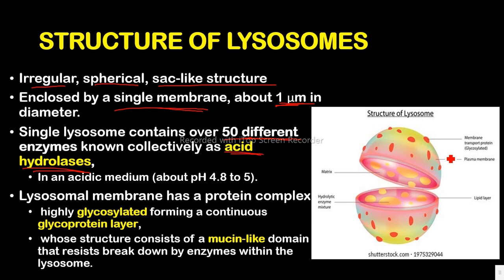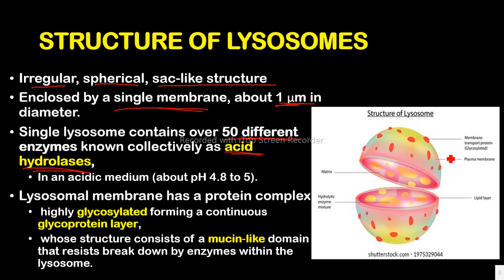For binding with a Golgi apparatus or with an endoplasmic reticulum. It is a receptor-mediated process. So these membranes must have receptors that will attach to the receptors of the endoplasmic reticulum or the Golgi apparatus, so that the process continues.